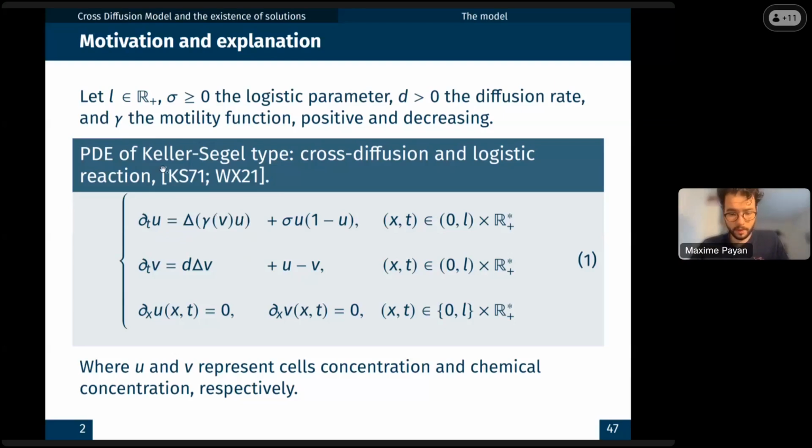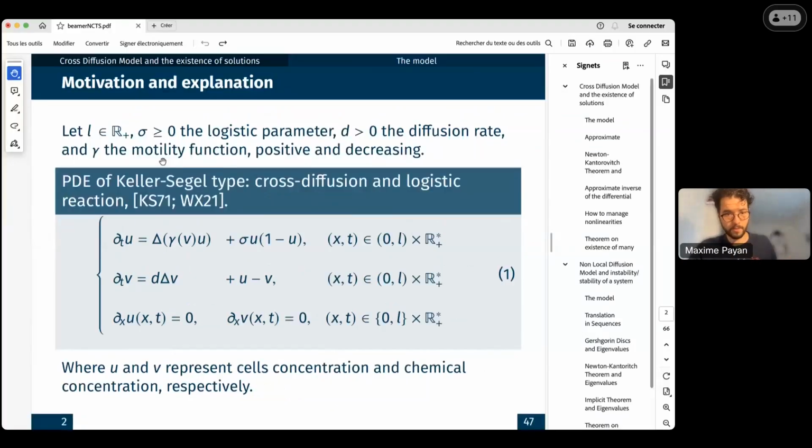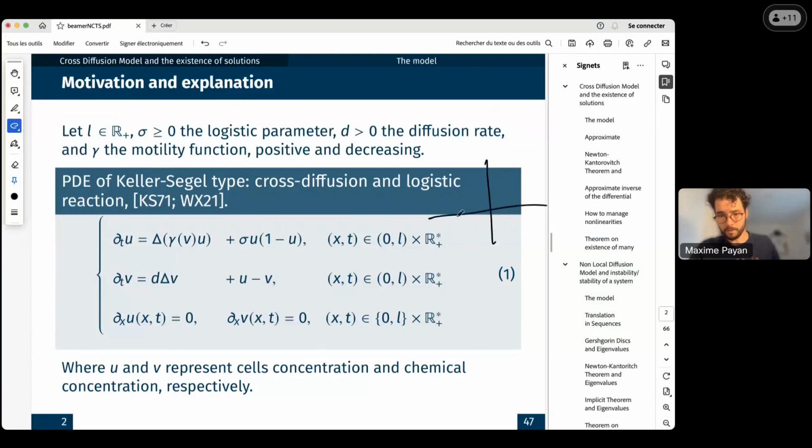So I will draw something just to visualize gamma a little bit. Gamma is a positive decreasing function. We have something like that. And it's close to 0 when V is very high.